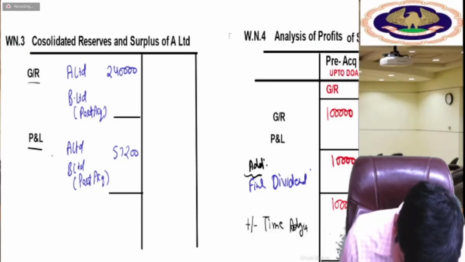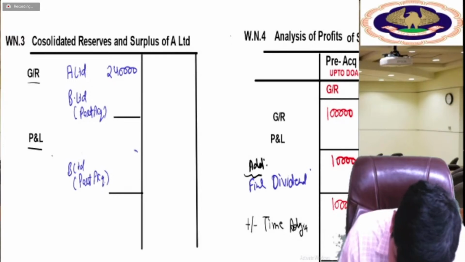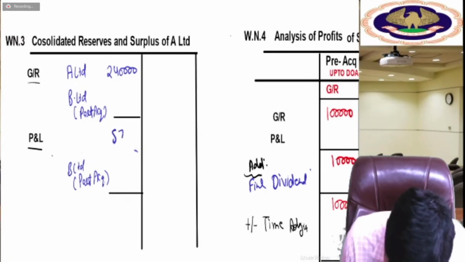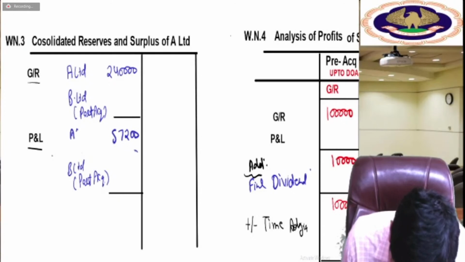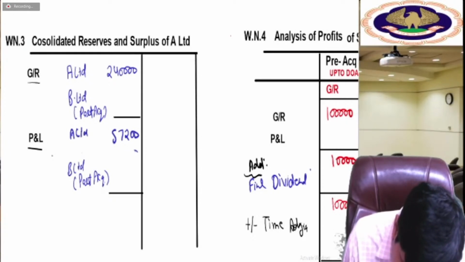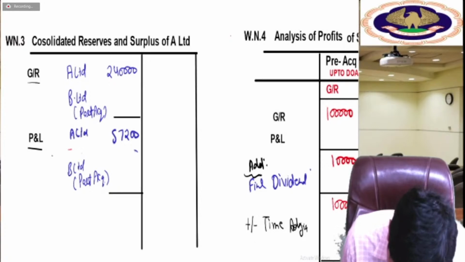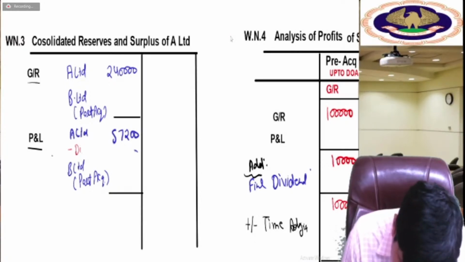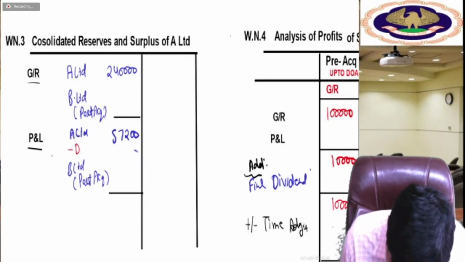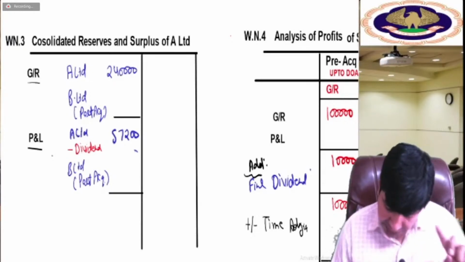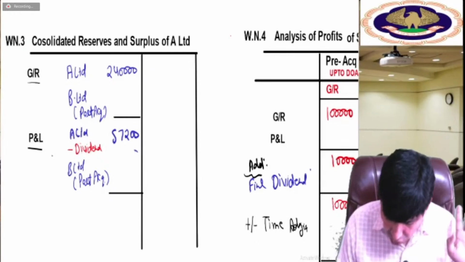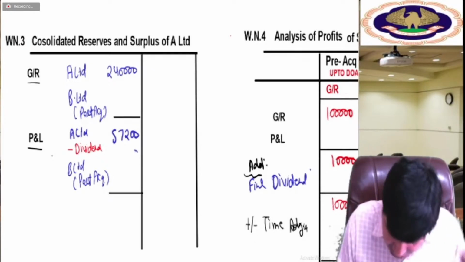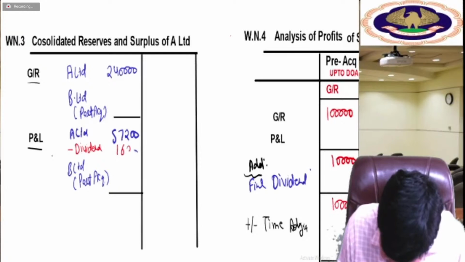That must be reduced from here. Holding company accountant, why have you made this mistake? The profit is 57,200. That must be corrected first. Okay beta, the pre-acquisition dividend income which has been credited to P&L must be reversed. How much dividend are we getting? Sir, 20,000 is the total, but 80% is for the holding company. It means 16,000 is the figure which we have to correct.